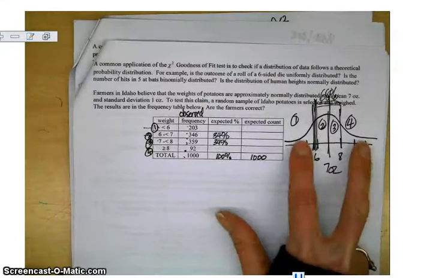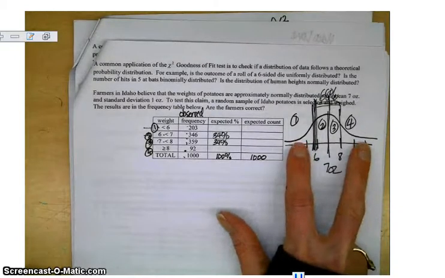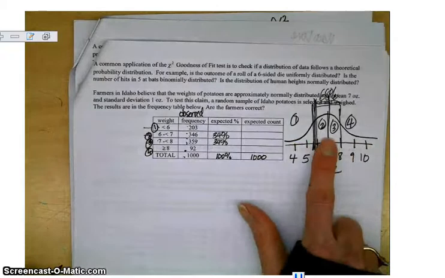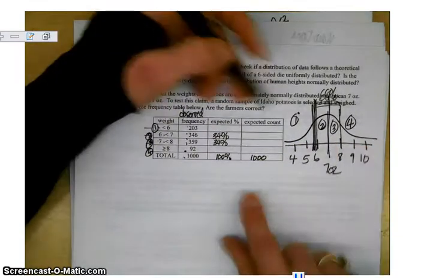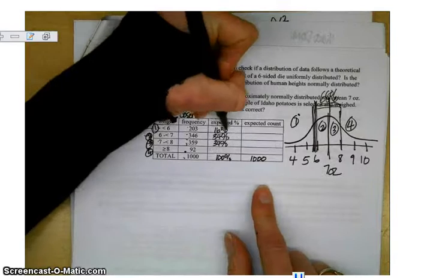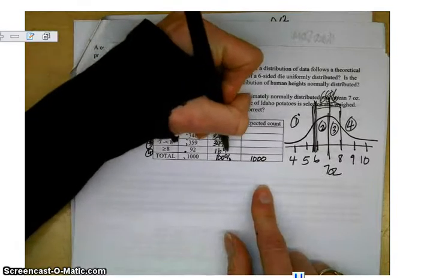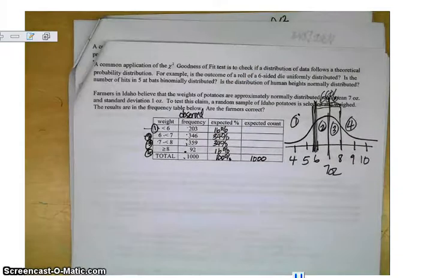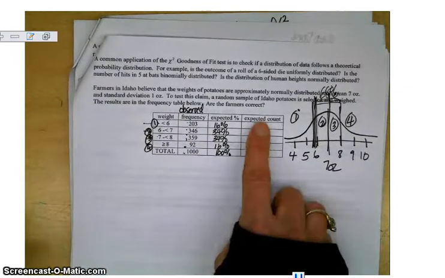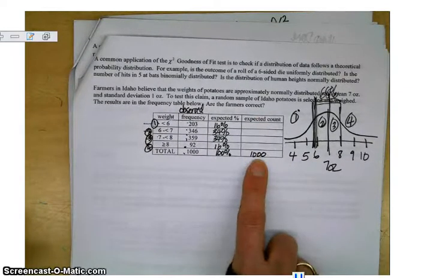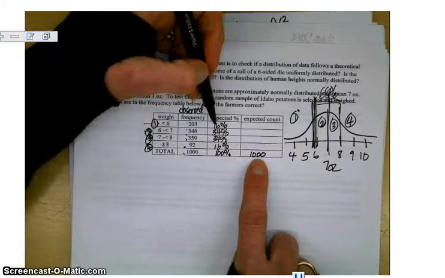And these outside ones have 68% in the middle, so they have 32% to share, so 16% in each. That's just based on the values from the normal distribution. Now, the way I calculate the expected counts is I take my total, 1,000, times each of these percentages.